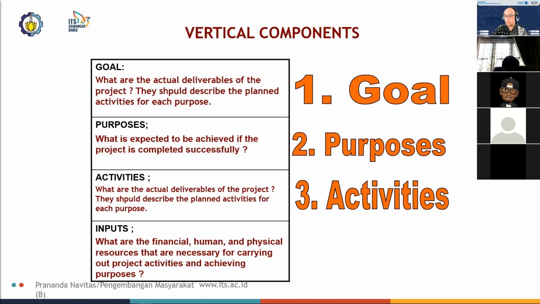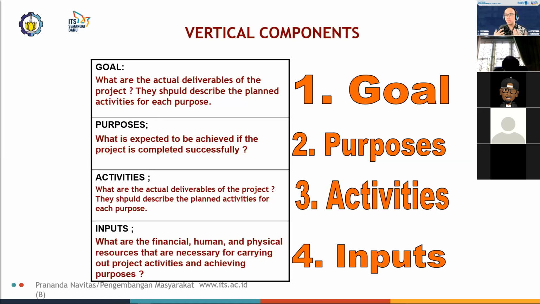But basically, they're all the same, except that LFA also considers the inputs, the financial, the human, and physical resources that are necessary for carrying out the project activities, and thus ultimately achieving its purpose.